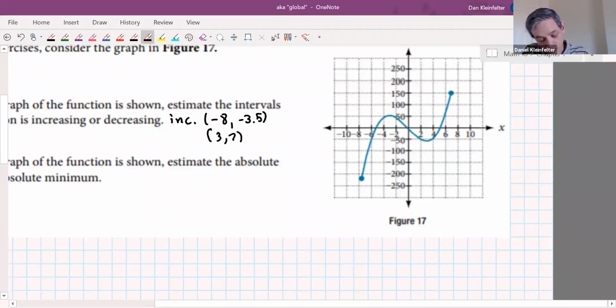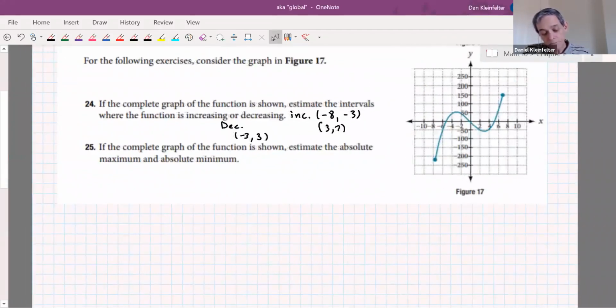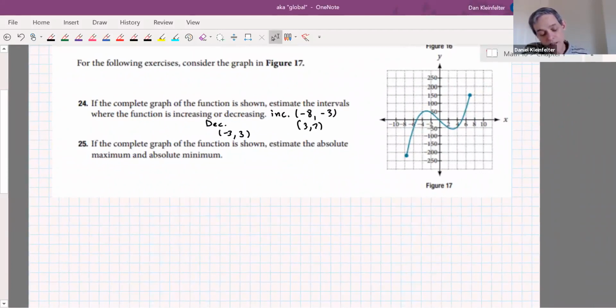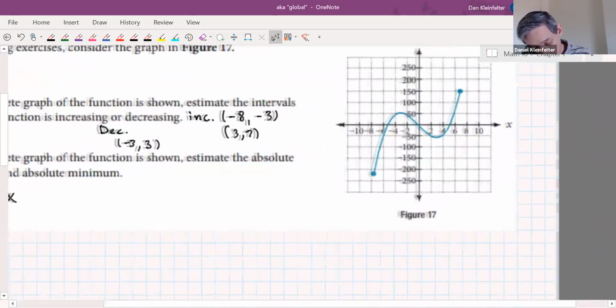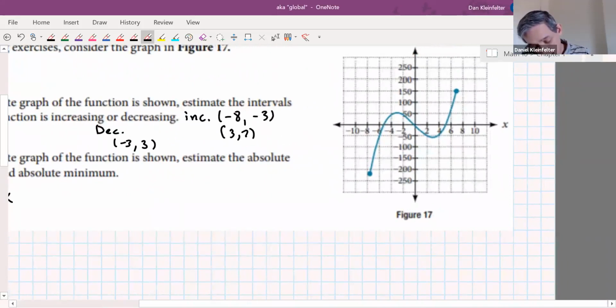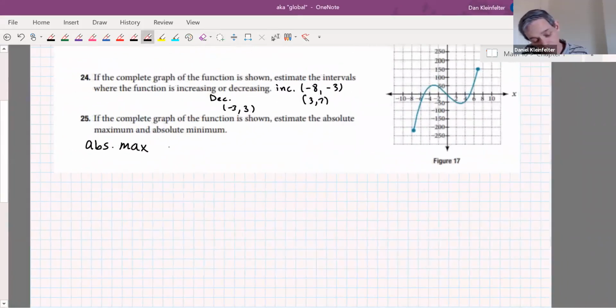Let me double check that first one again. That looks more like it was closer to -3 for that first one, -8 to -3. That would be where it's increasing. And then it's decreasing between -3 and +3. Okay, so then absolute maximum and minimum. So the absolute maximum is going to be 150 at x equals 7.